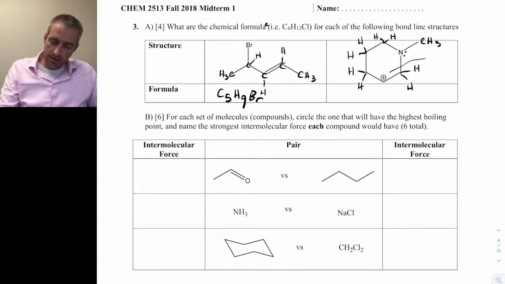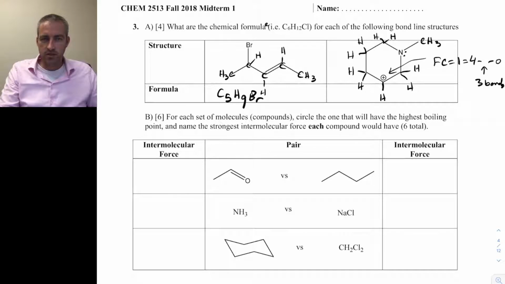Now that carbon, in order for it to have a formal charge of 1, it's 4 minus the number of bonds minus the number of unshared electrons, which is 0. So that means there has to be 3 bonds in order for it to have a +1 charge. Only 2 are shown, so there's 1 more that's not shown.